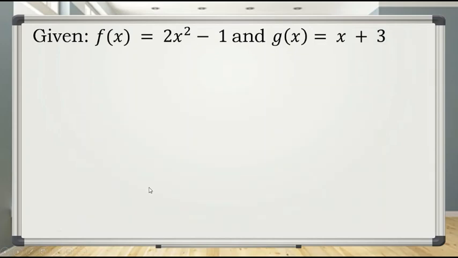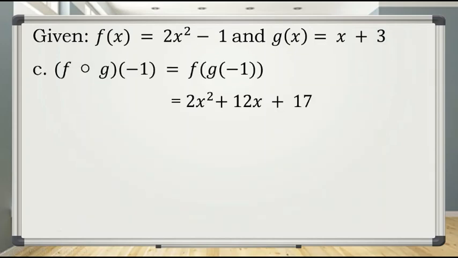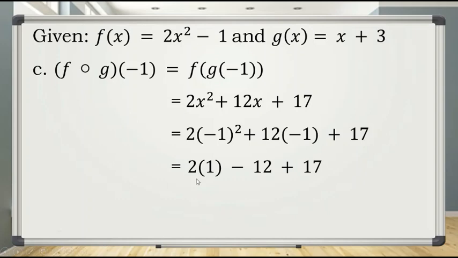So let's proceed. Copy the final answer, which is 2x squared plus 12x plus 17. Palitan lang natin ng negative 1, which is 2 multiplied by negative 1 squared plus 12 multiplied by negative 1 plus 17. Okay, simplify.